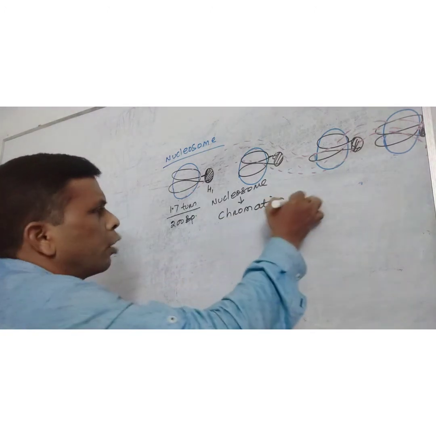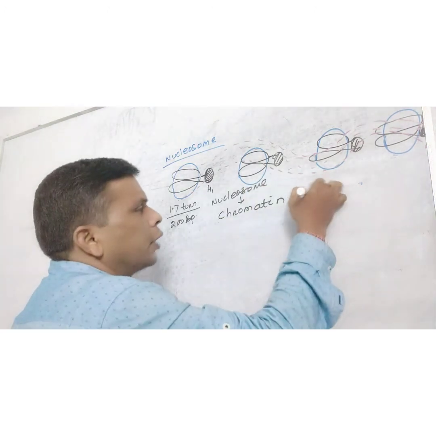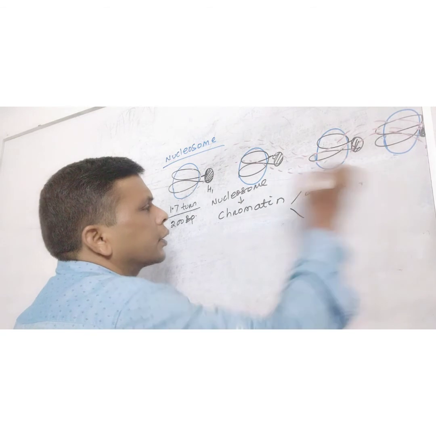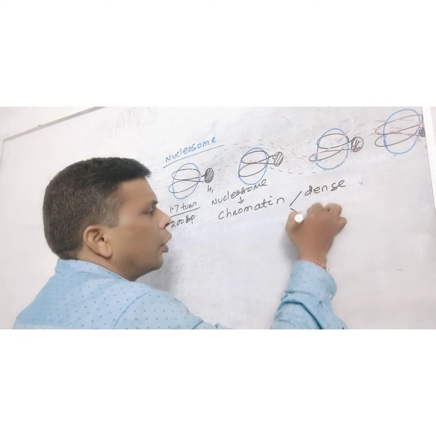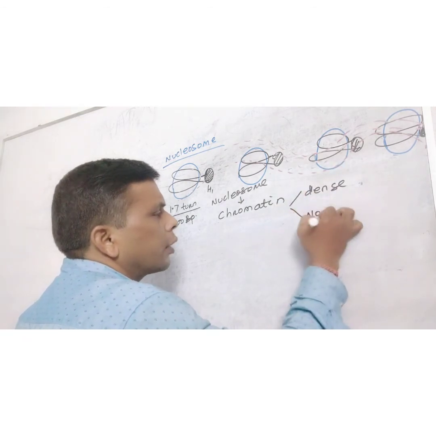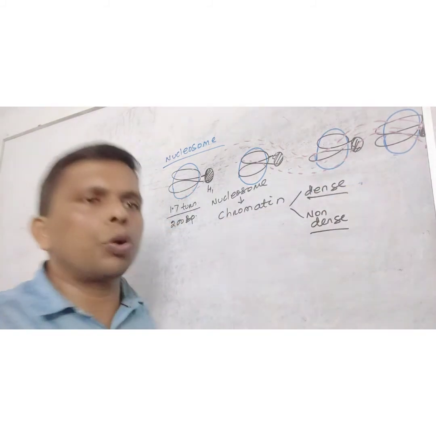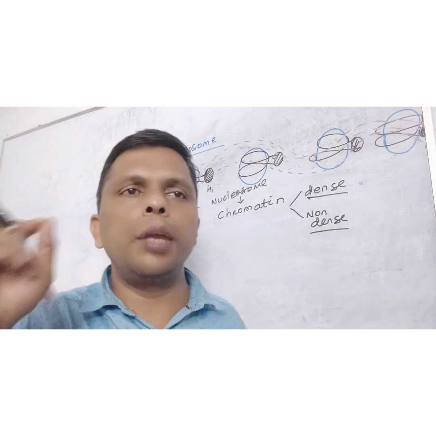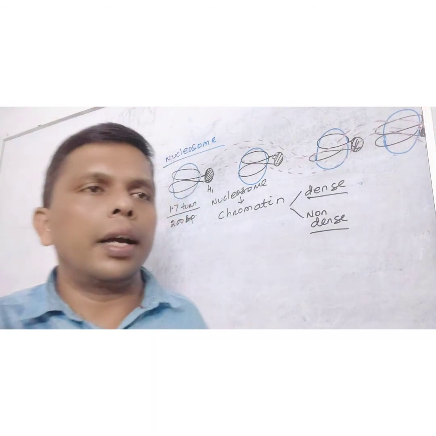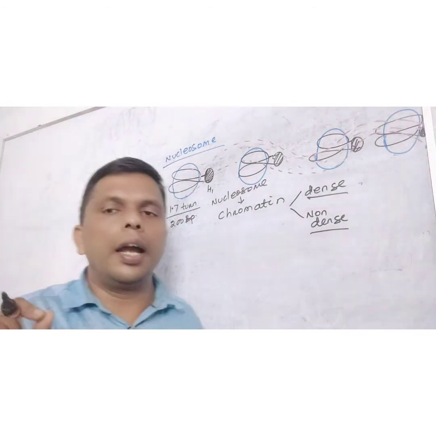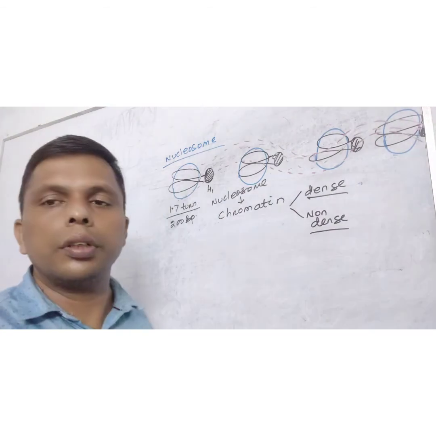Chromatin is of two types: dense chromatin and non-dense chromatin. Densely packed chromatin is called heterochromatin.